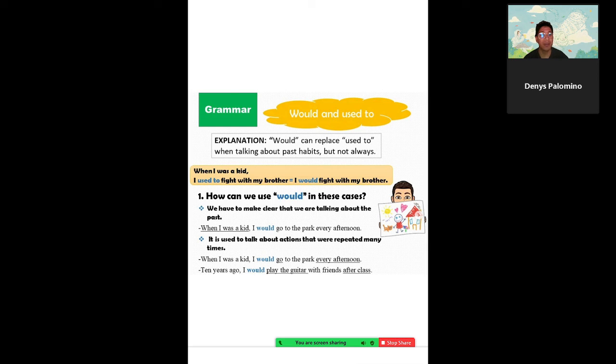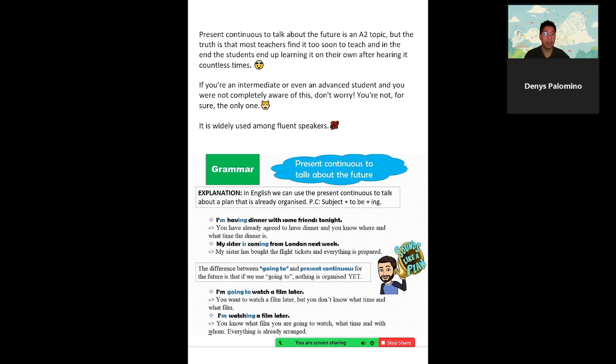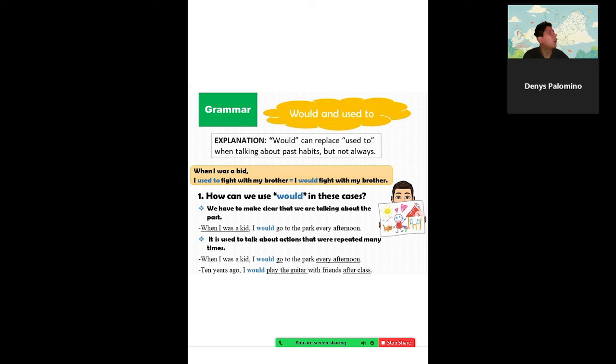El would and el used to, do you remember this grammar? Would can replace used to. Yes, used to is the past action that you used to do, but now you don't do anymore.